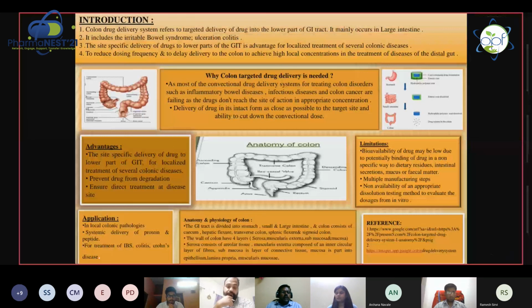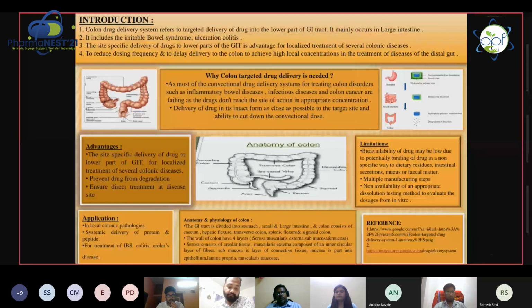So, you talked about irritable bowel syndrome as one of the targets. What are the drugs normally given to treat irritable bowel syndrome? If you talk about colon drug delivery, you need to choose your drug candidate, right?